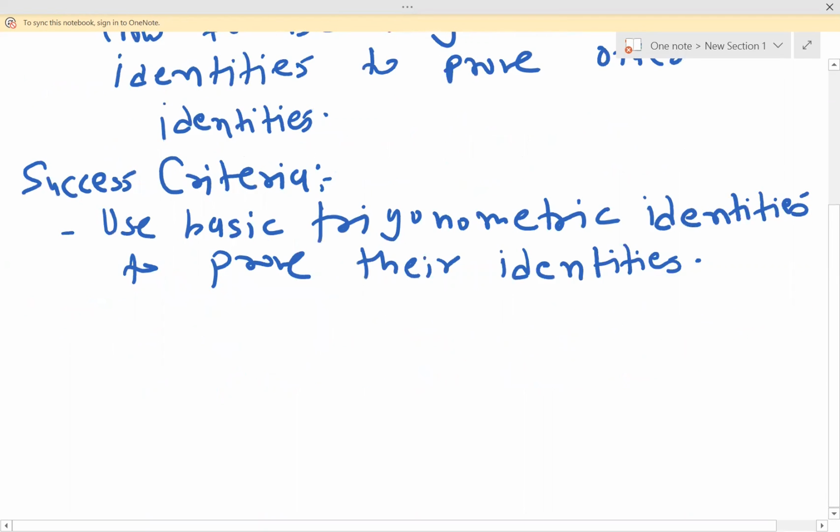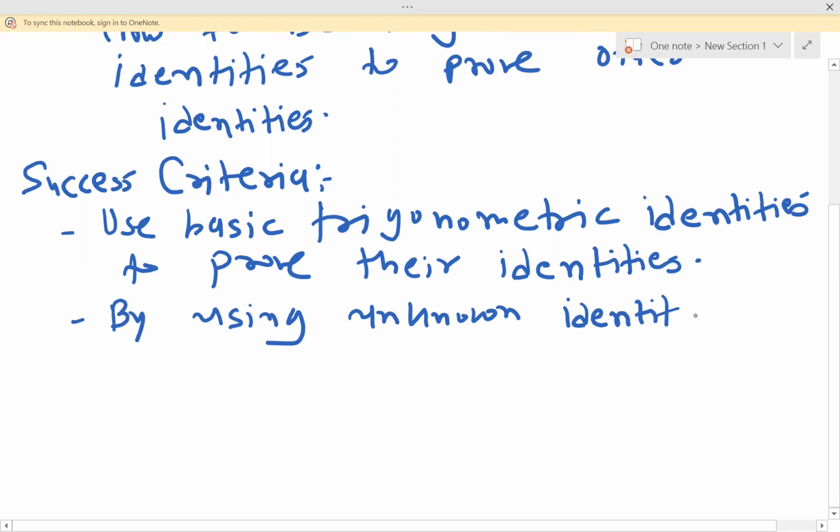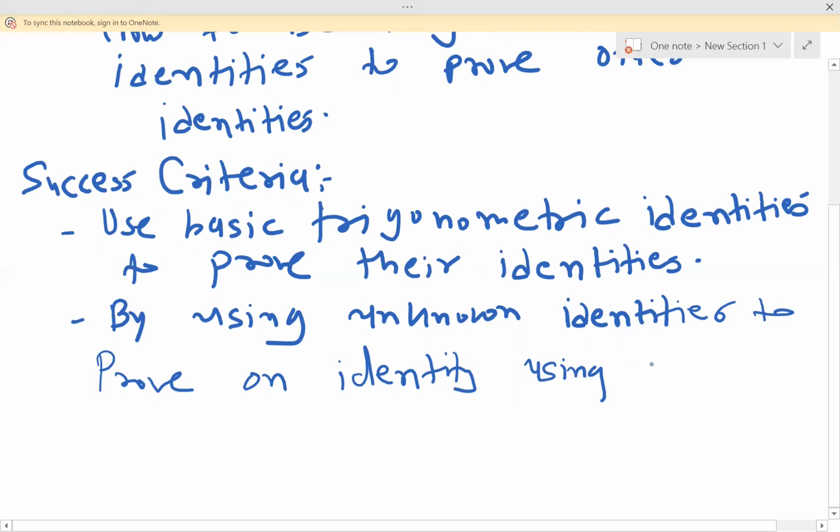Okay. Then, by using known identities to prove an identity using one side.